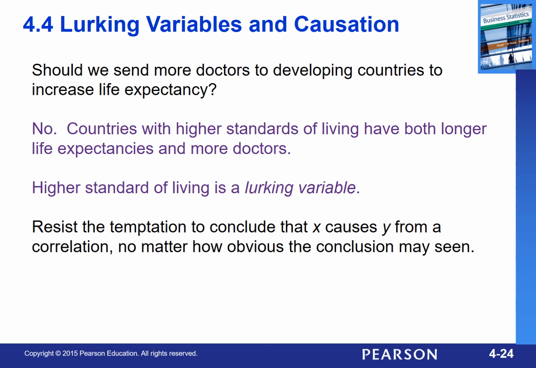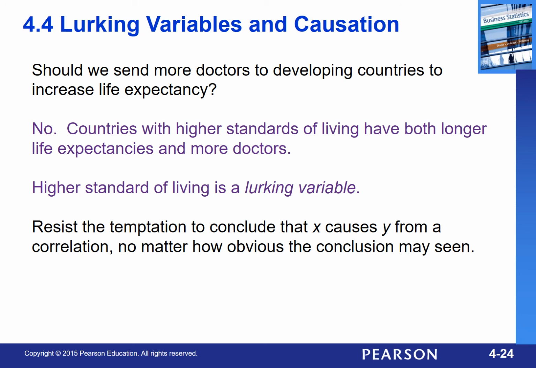Here's the thing. In a lot of developing countries, the higher the standards of living are, the more likely you are to live longer. So another one I would say for this would be access to clean water. That always will precede a higher standard of living and therefore increase your life expectancy rather than doctors. So keep in mind that the next time you encounter something like this, just because it looks like there's a relationship doesn't mean there couldn't be something else involved.